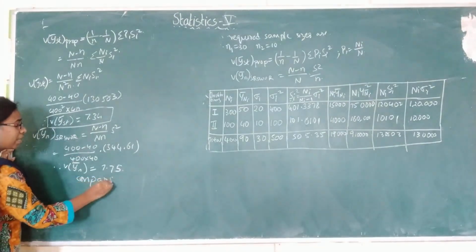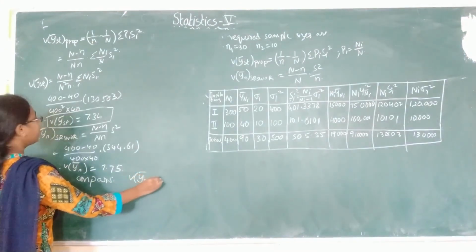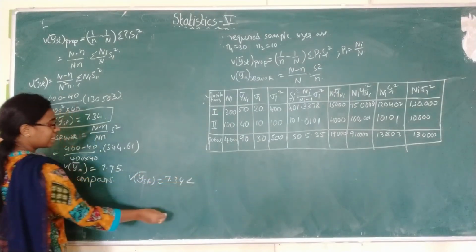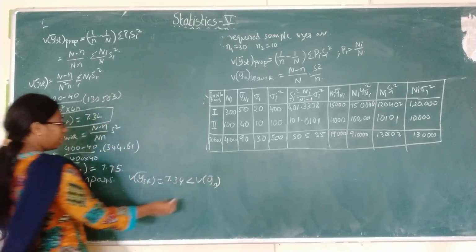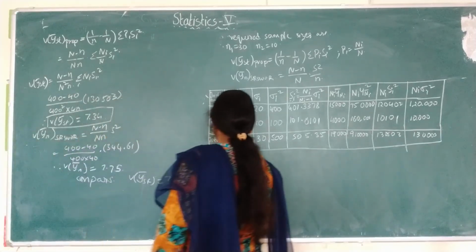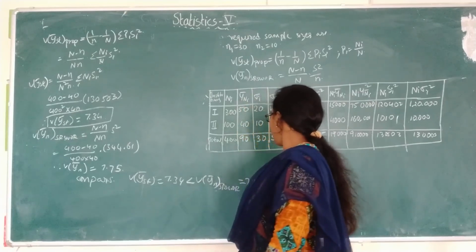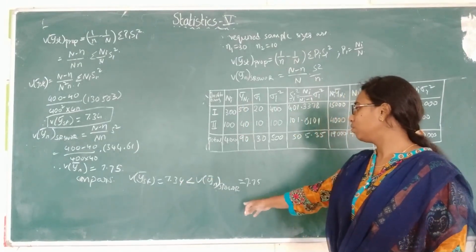Coming to the comparison, the variance of Y bar st, which is 7.34, is less than the variance of Y bar n under simple random sampling without replacement, which is 7.75. So this is the variance of Y bar st.